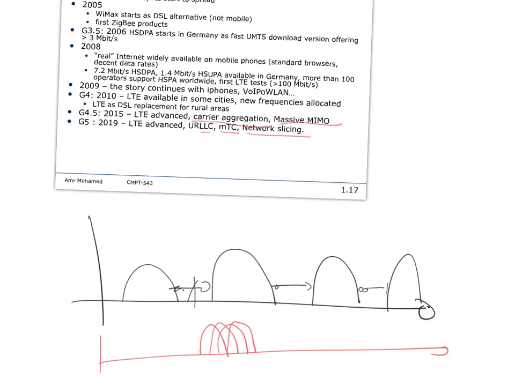Network slicing, we're doing a lot of research in network slicing, at least in our group. Network slicing provides end-to-end reliability and guaranteed quality of service from the node all the way to the core network.